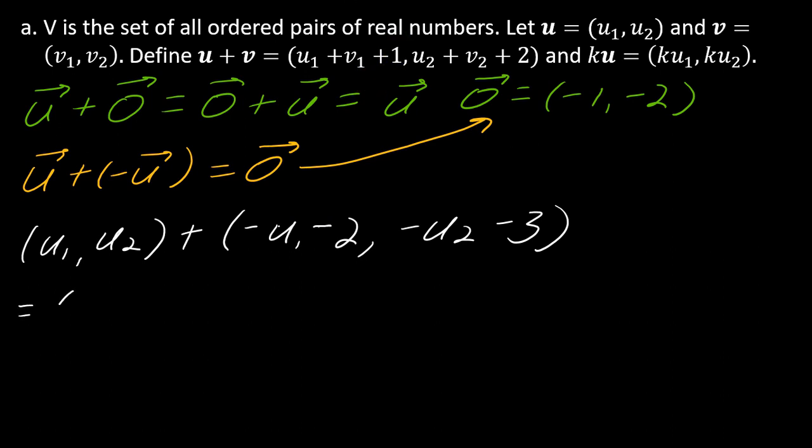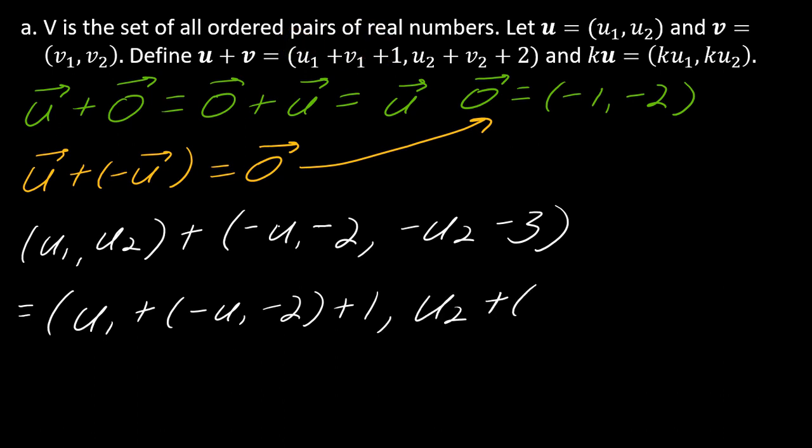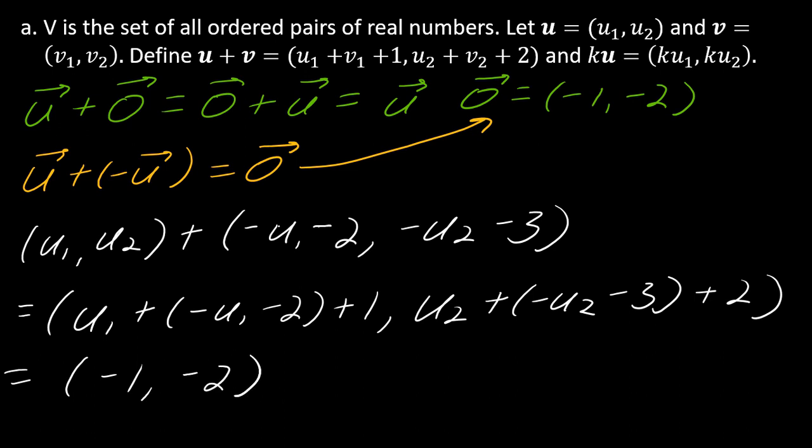So let's see. I'll add these together. This becomes u1 plus -u1 minus 2 plus 1. So that's this first part. And then u2 plus -u2 minus 3, and then I need to add the plus 2. So that's this part here. If I add these together, I have -2 plus 1, so that's -1, and -3 plus 2, so that's -2.